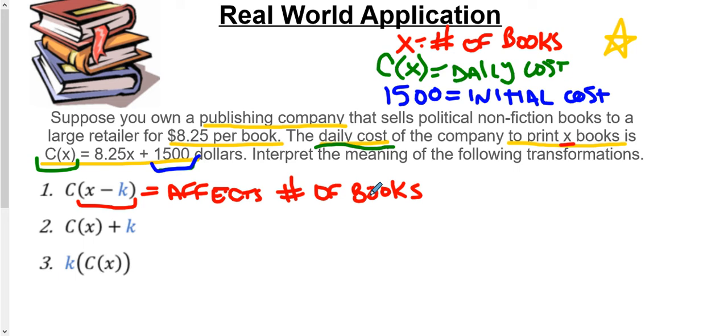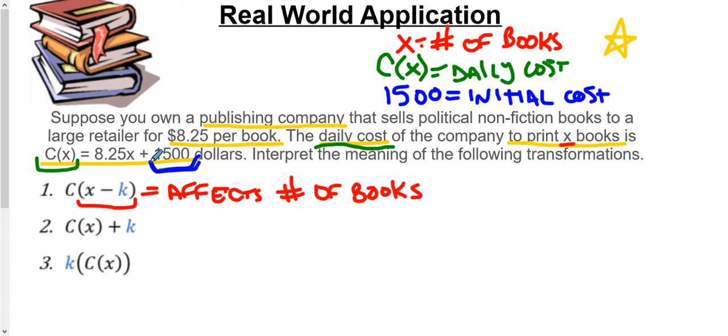So the next one down here, C of X plus K, that's taking our C of X, that number that we already have, and adding to the end of it, right? It's adding a number to the very end. If we take a look at our equation C of X, we already have a number being added to the very end. We have the cost to print each book, and we have that big number that's being added at the end. If we add another number to this equation, it's going to combine with that number that was already there.